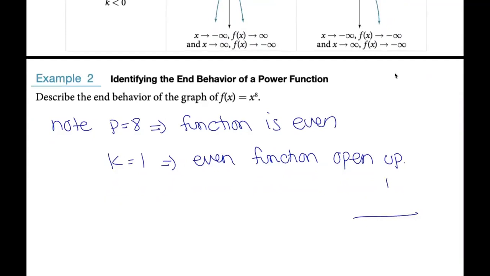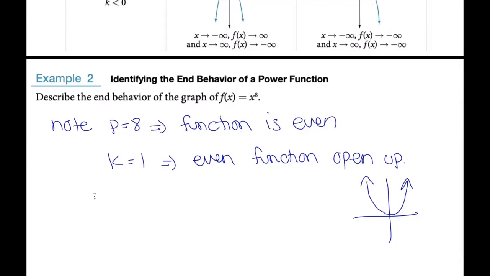Our function, if we were to just do a rough sketch, is going to look something like this, maybe a quadratic kind of feel, not quite a quadratic because we have to the 8th power, but both of those arrows do point up. So let's describe that using our end behavior with our x and infinity symbols.